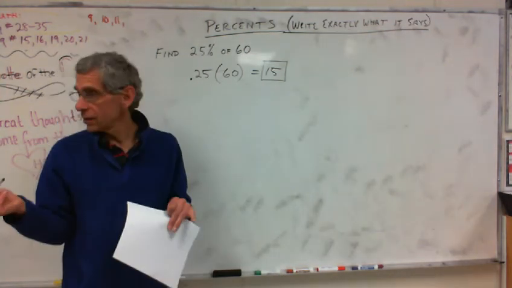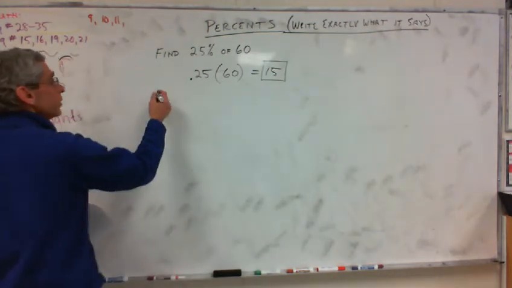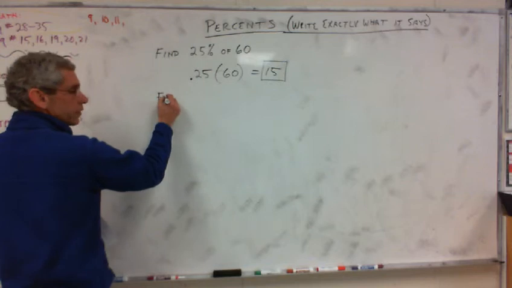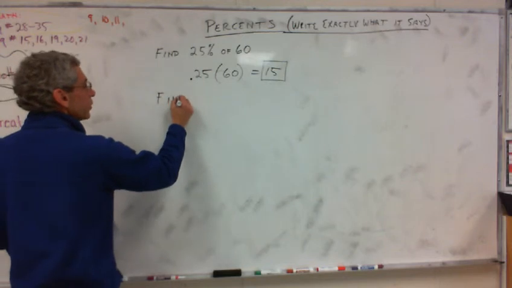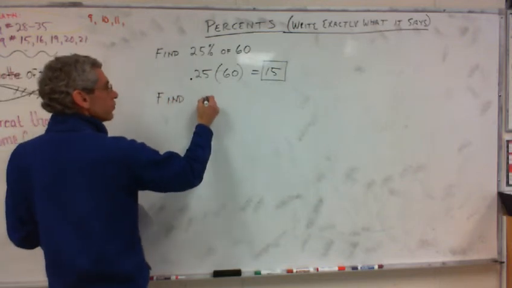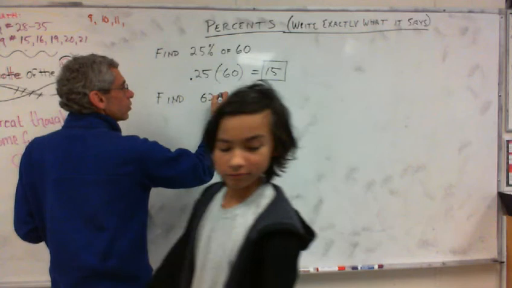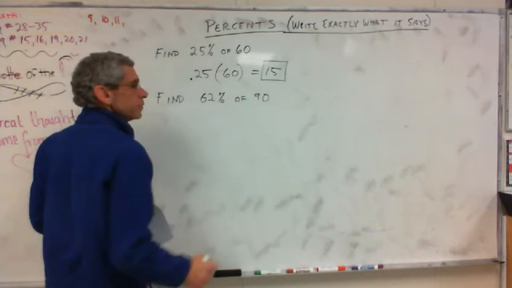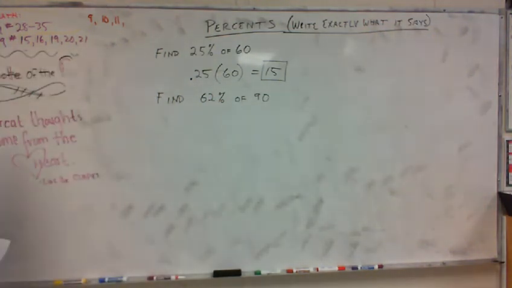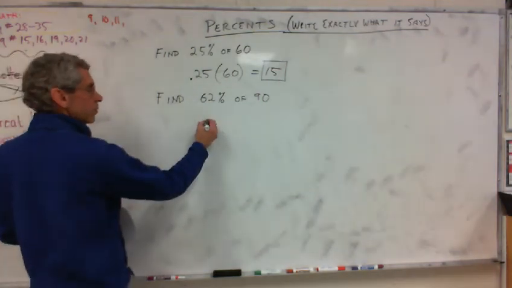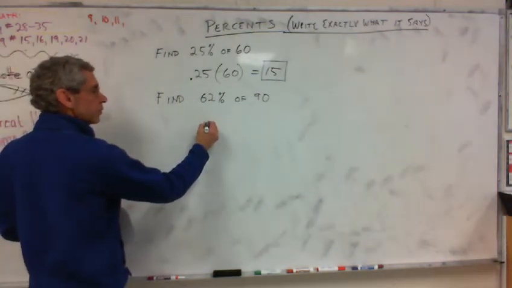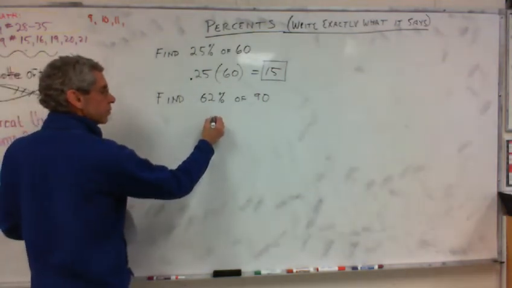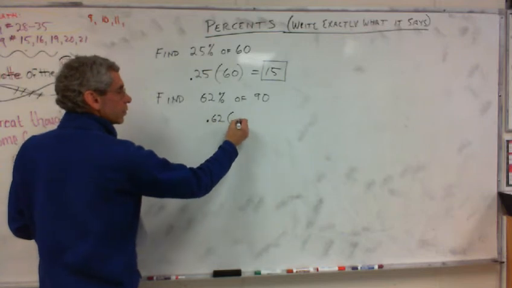All right, questions? It's pretty straightforward, right? Let's try another. Does anybody have a calculator? Yes, I do. Great. Find 62% of 90. How would I set this up? You make it a decimal, so it's 0.62 times 90.